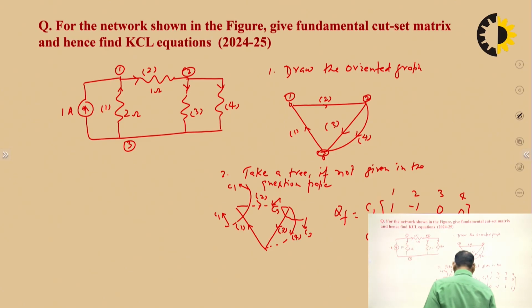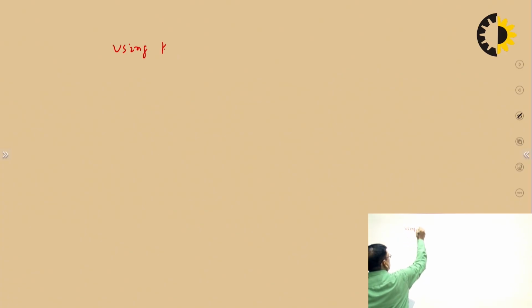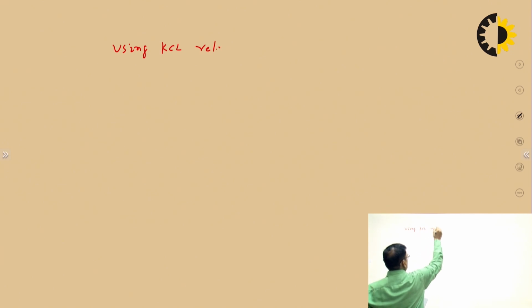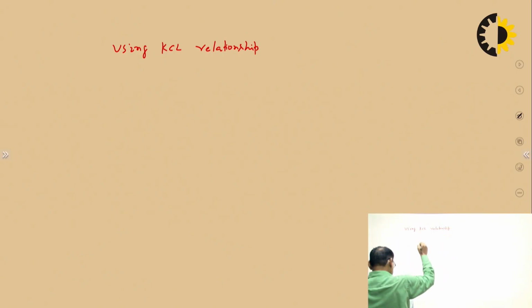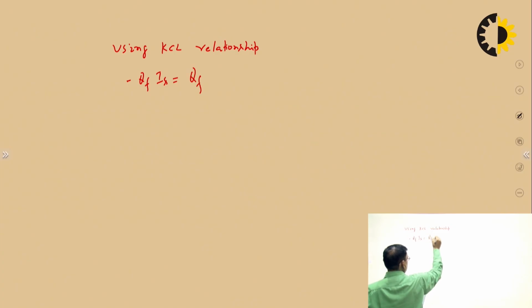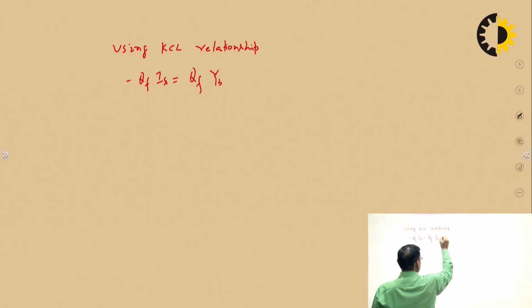Now you have to use the KCL relationship. So using the KCL relationship, we know that minus QF into IS is equal to QF YB QF transpose into VT. So what are these?